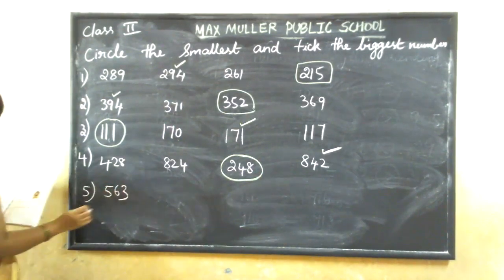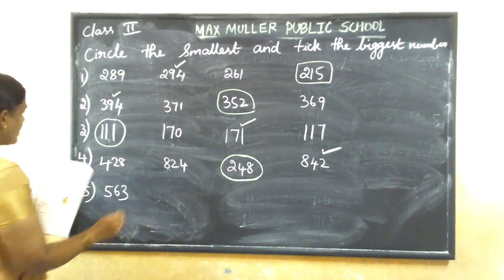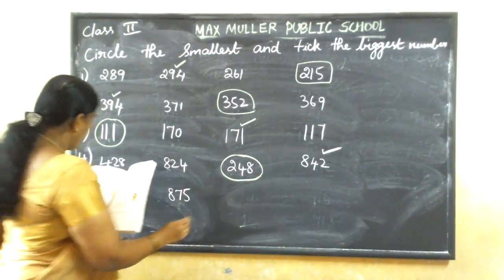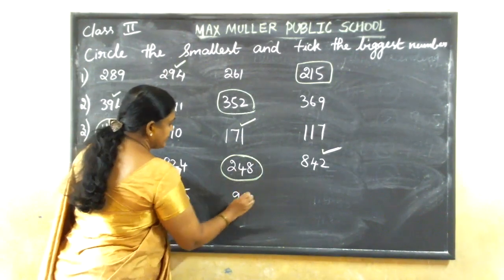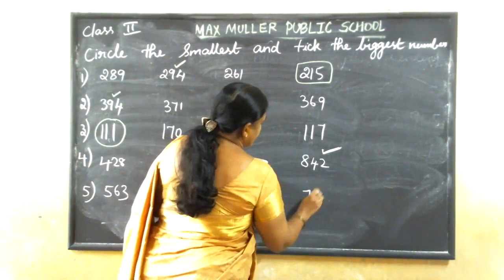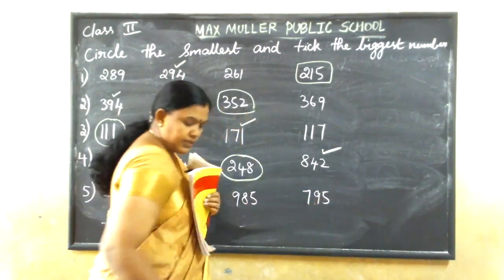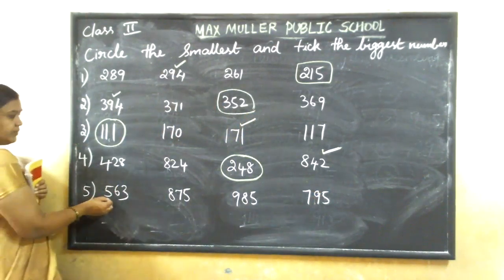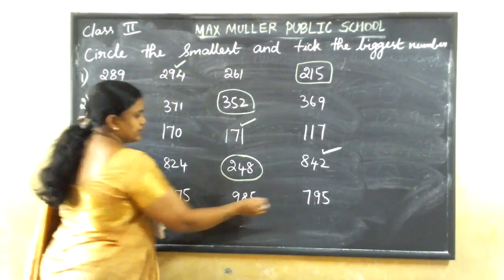563, 875, 985, 795. Which one is the greater number here? See the hundreds place: 5, 8, 9, 7.